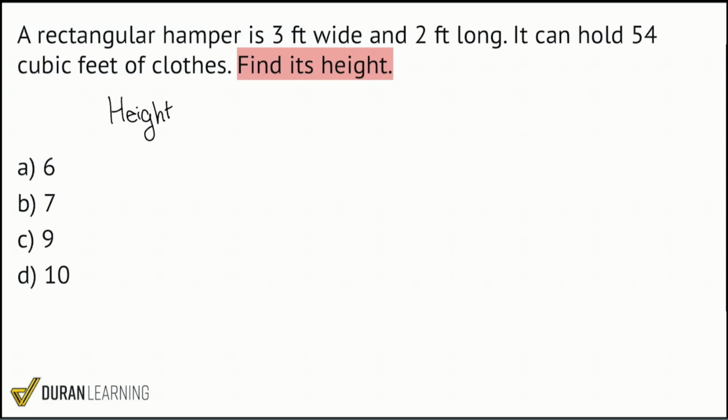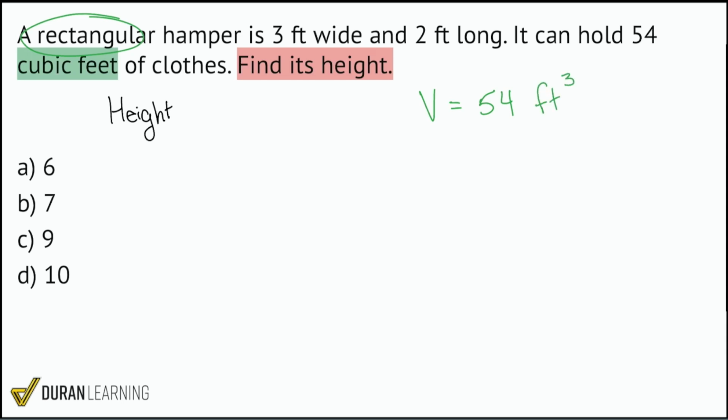Surface area or volume? Yeah, it's going to be volume, and the reason is because cubic feet. We are shown a three-dimensional unit. Cubic feet is the giveaway. So what we know about this rectangular hamper is that its volume is 54 cubic feet.